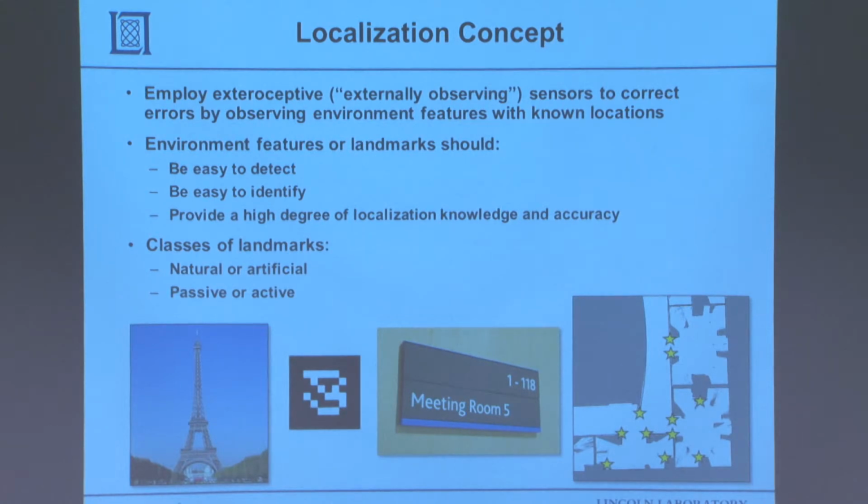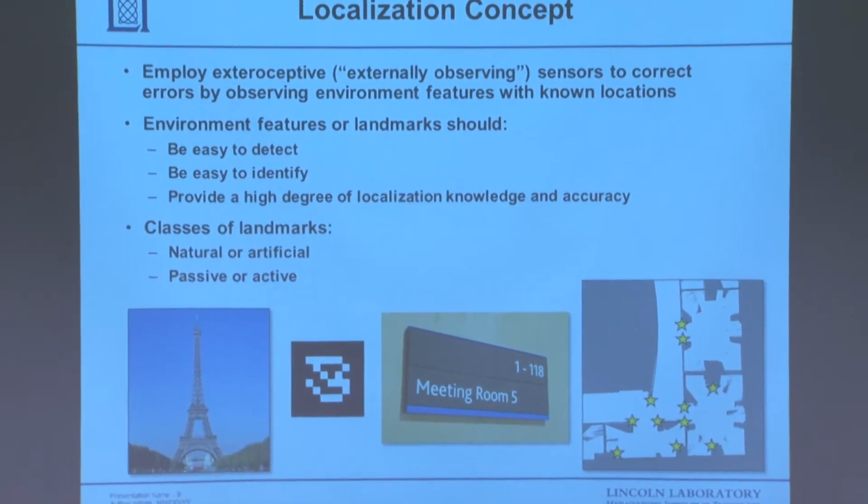But we do want those landmarks to be easy to identify. So we want to be able to see a landmark and know that it is clearly a landmark that we've seen before. It's unique to as great a degree as possible. So for example, the landmark in the lower left of the screen is a pretty useful landmark.